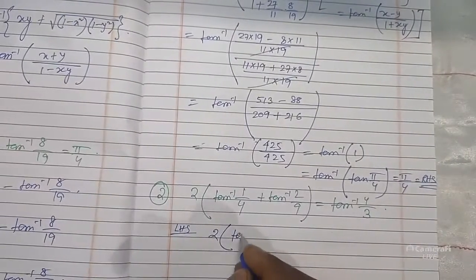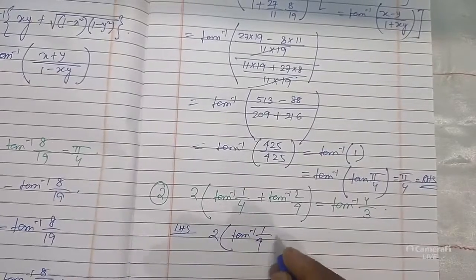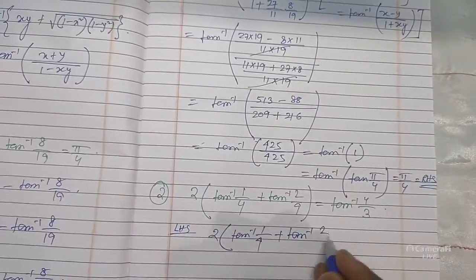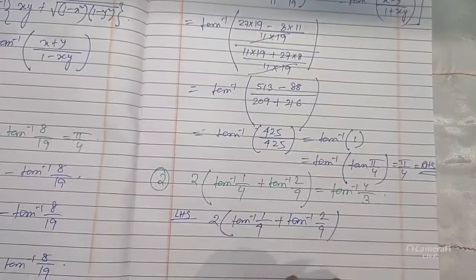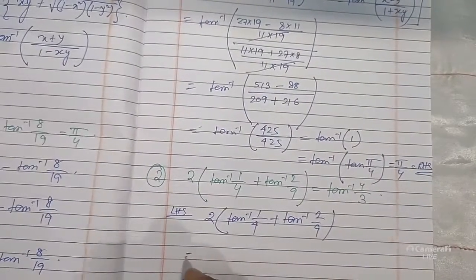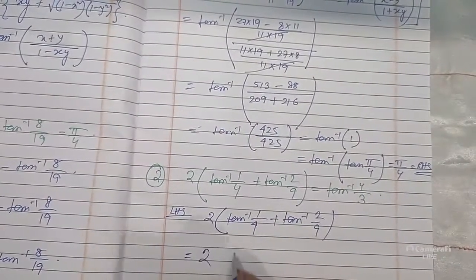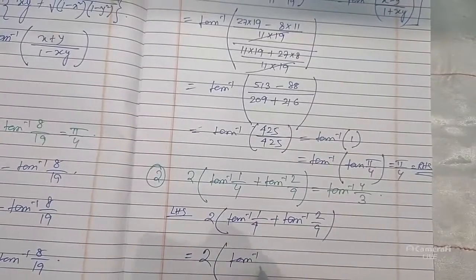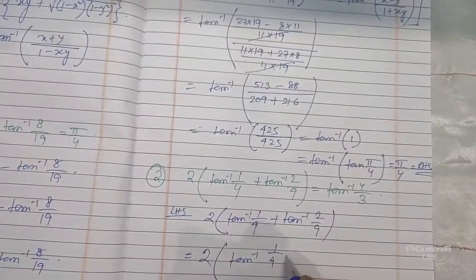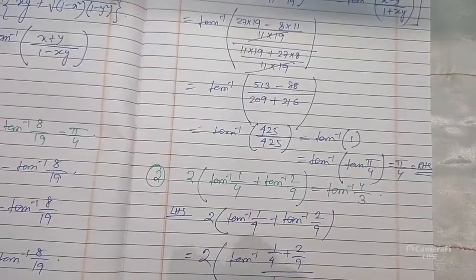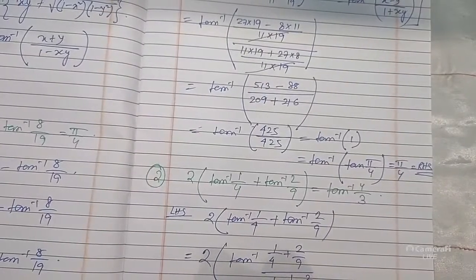2 into tan inverse 1 by 4 plus tan inverse 2 by 9, it is given, LHS. Now if we apply the same formula, this is equal to 2 into tan inverse 1 by 4 plus 2 by 9 divided by 1 minus 1 by 4 into 2 by 9.